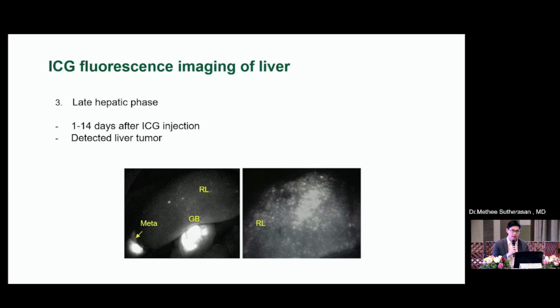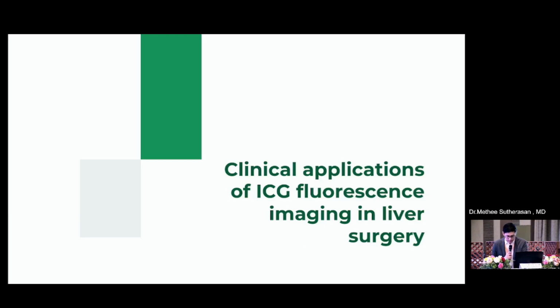It depends on liver function and conditions like biliary obstruction. If the liver function is not good, or there is some biliary obstruction, the ICG will be excreted slowly. Next, I will talk about the clinical application of ICG in liver surgery.